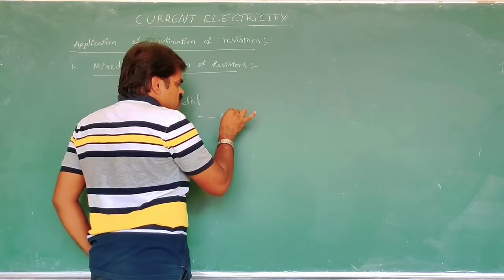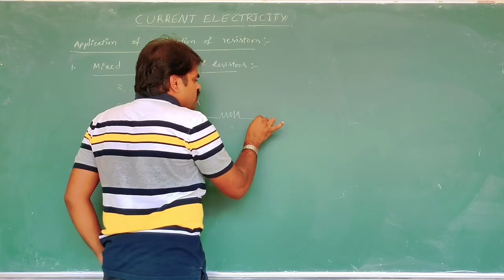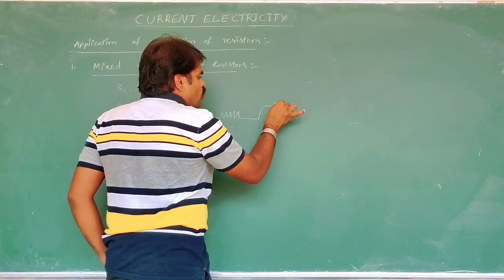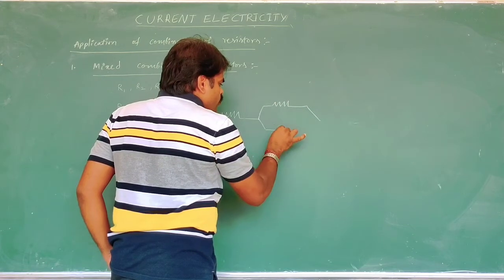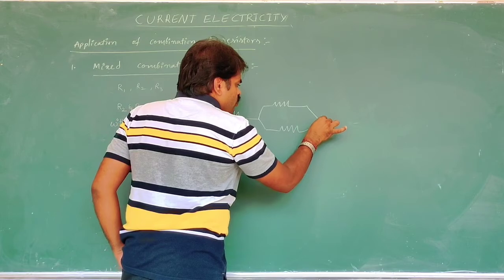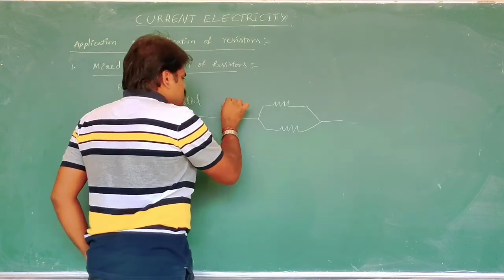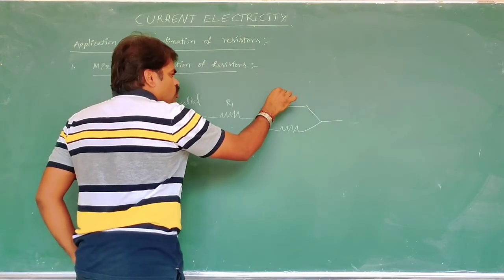See, this is R1, now this is R2, and this is R3.